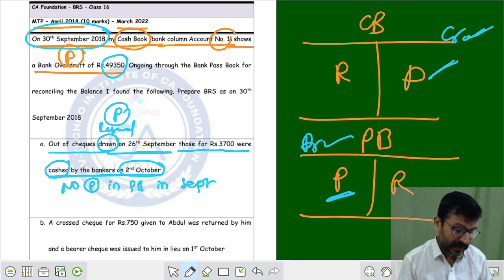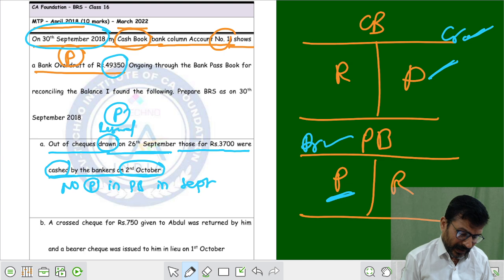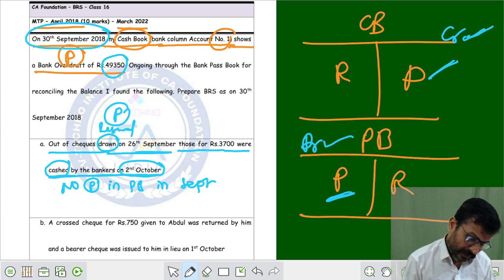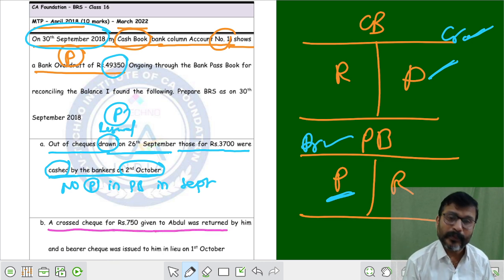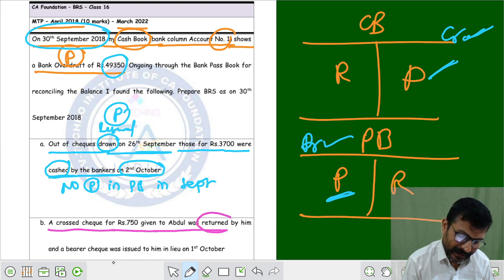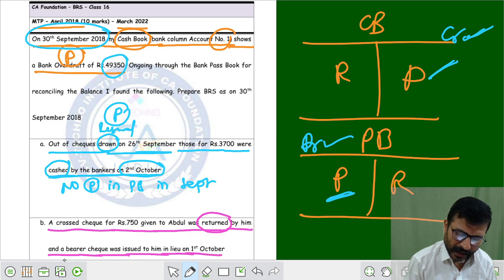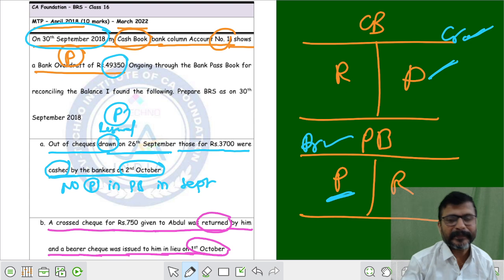See what is being asked. A crossed check for 750 given to Abdul was returned by him, and a bearer check issued to him in lieu of that on 1st October.